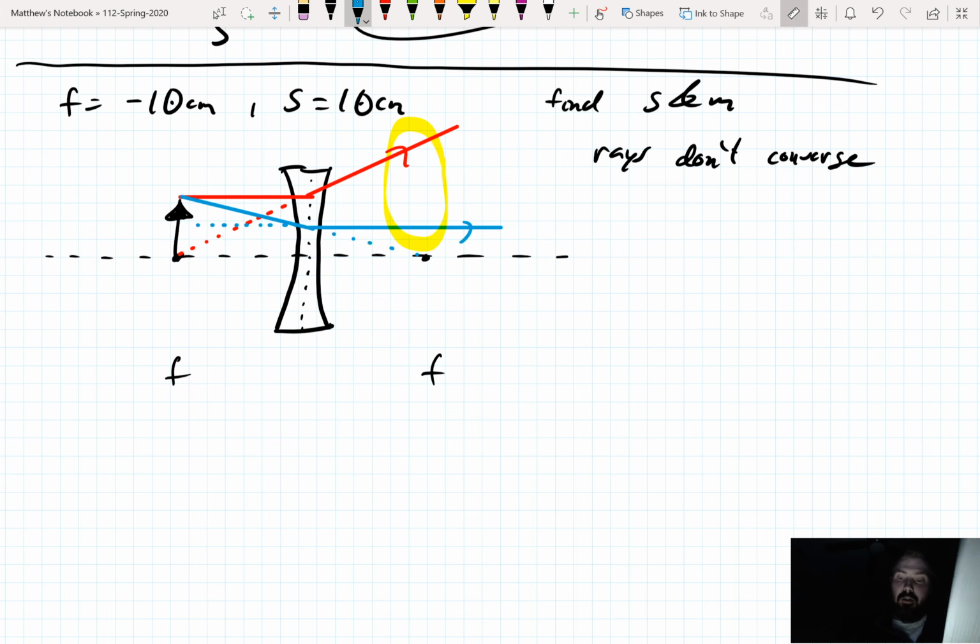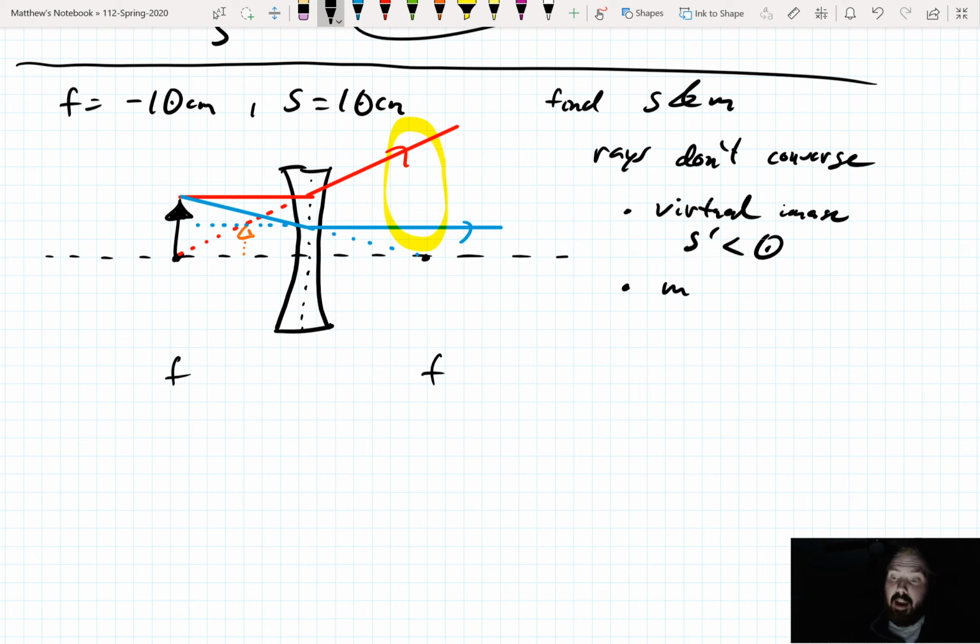Would you look at that? Even in this case, we still get a virtual image. They do cross. S prime will be negative, and M is still some number less than 1.